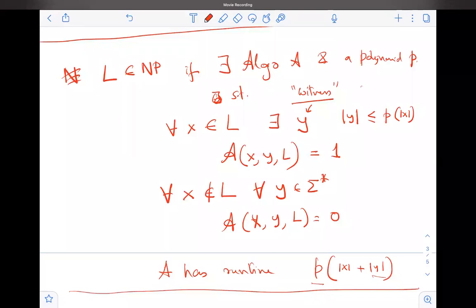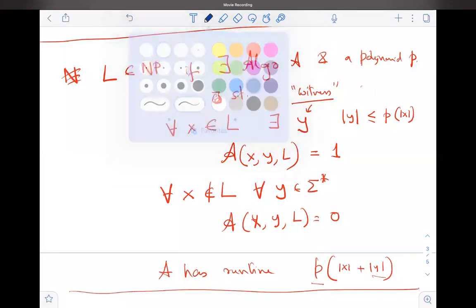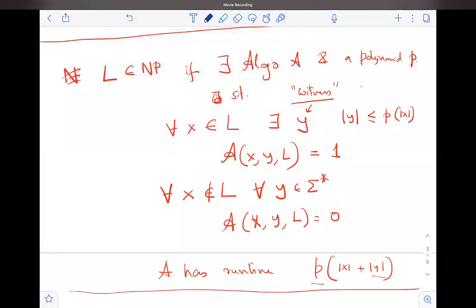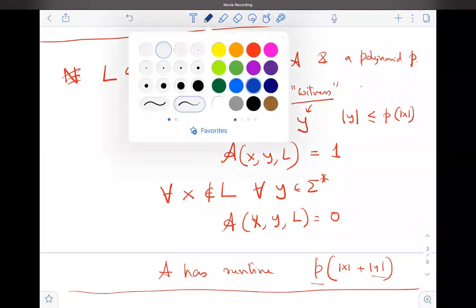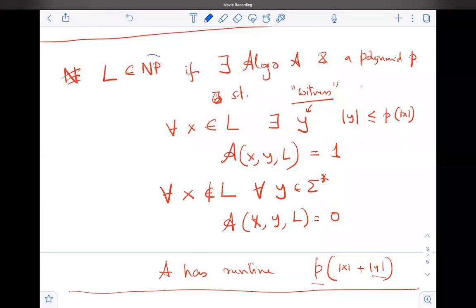Maybe I should comment on one thing here. I will use a different color. Note that there is also another notion called co-NP, exactly the opposite of this. Here you are talking about what happens if x is in L, then you output 1 if there exists one.